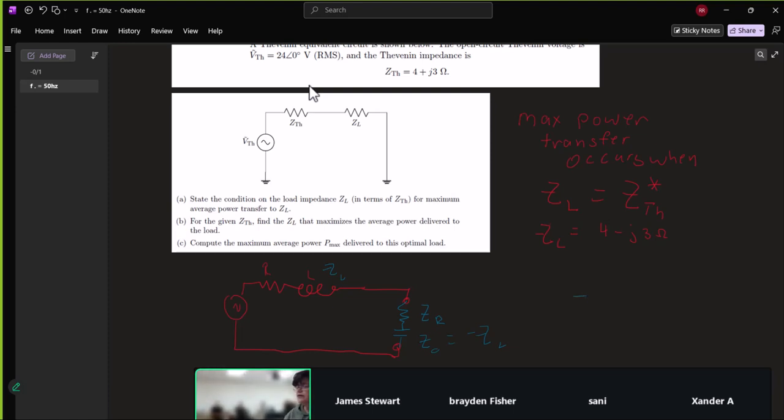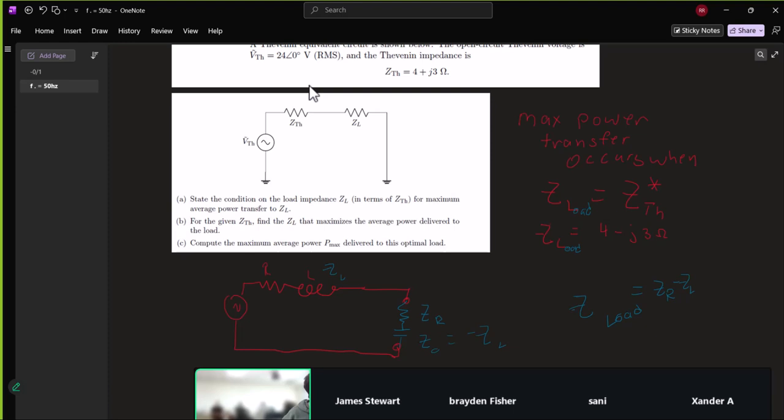So this is load, not inductor. Z load is Z R minus Z L, whereas Z L is minus Z C.